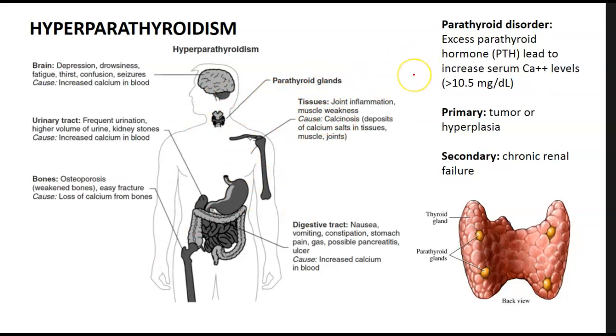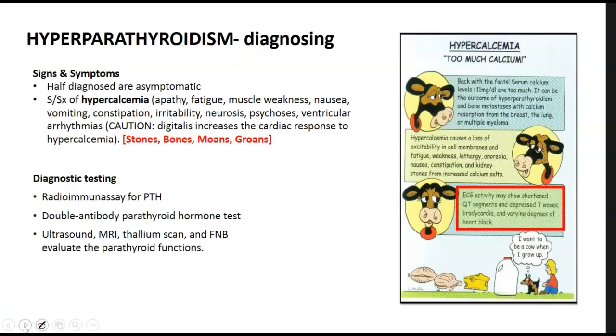So think hyper, high levels, high calcium. And this gives you an overview of the symptoms that you may see. Diagnosing, it's going to be the same as hypercalcemia, so stones, bones, moans, and groans. Hopefully this should be pretty easy when you are thinking back to your last unit.